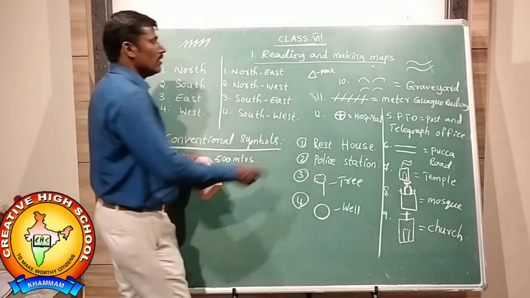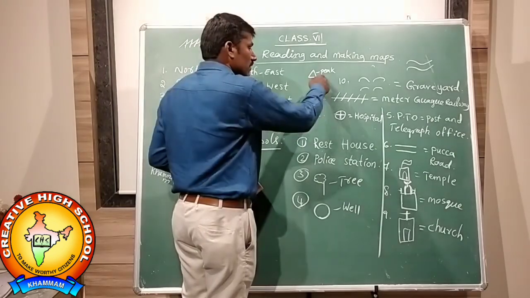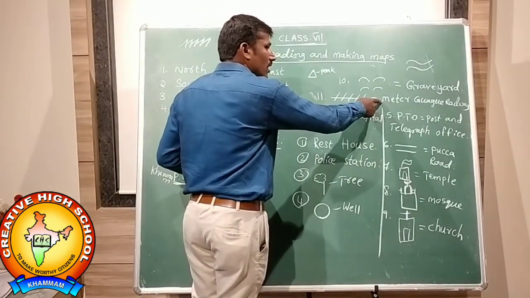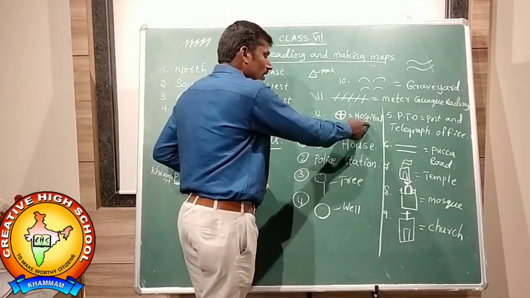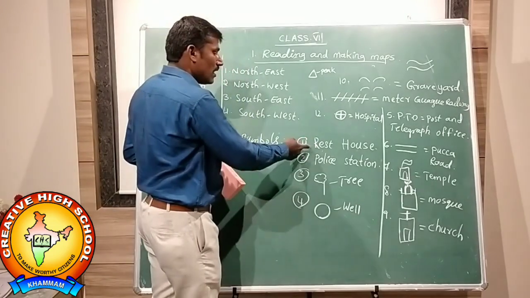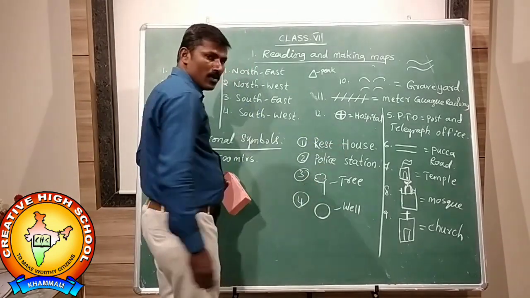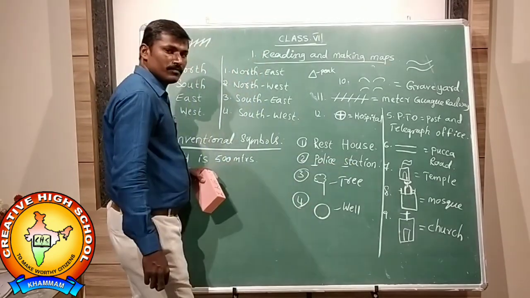This symbol indicates peak. This symbol indicates meter gauge railway. This symbol indicates hospital. And this is RH, which stands for rest house. PS, police station.